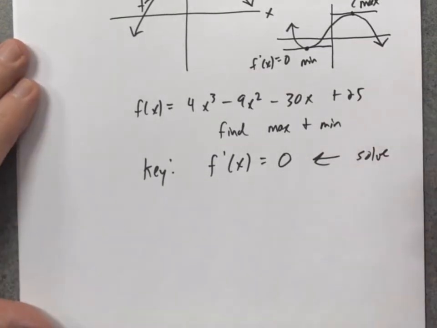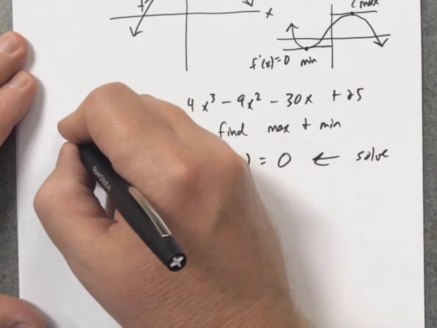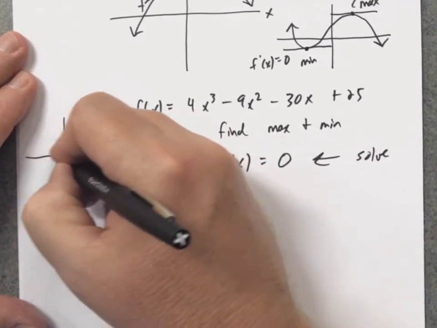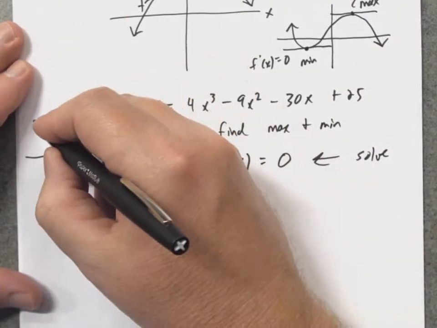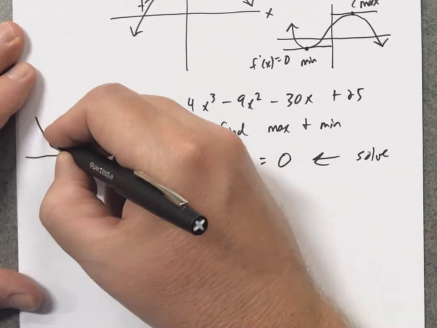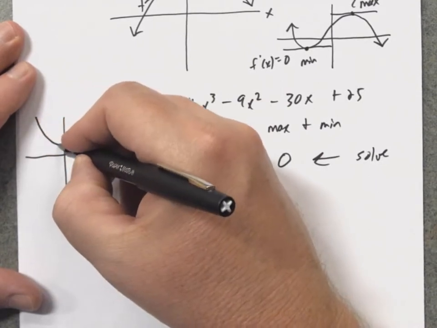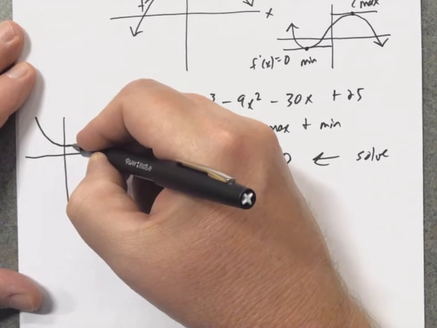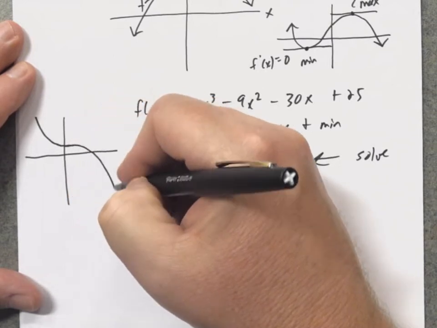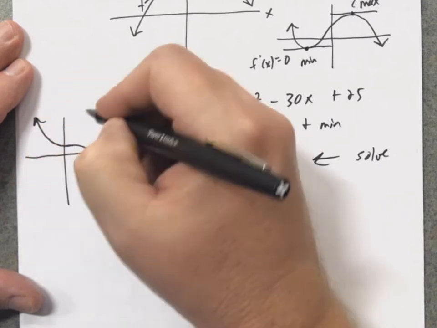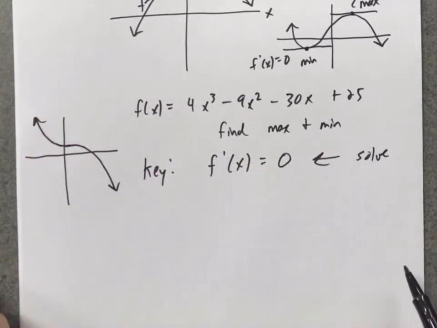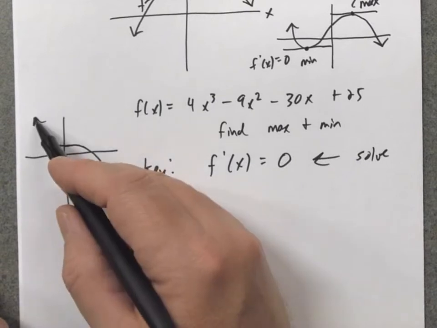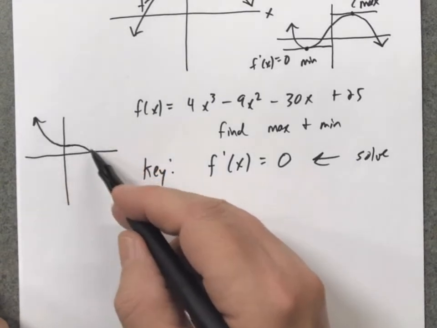Let me give you the exception real quick, since I started to talk about it. Sometimes you may have an occasional graph where it comes down and you think it's going to be a minimum and it gets flat, but you know what it does? It stays flat for a while. And then it keeps on going down. So let's ask ourselves, well, what's the first derivative for this graph?